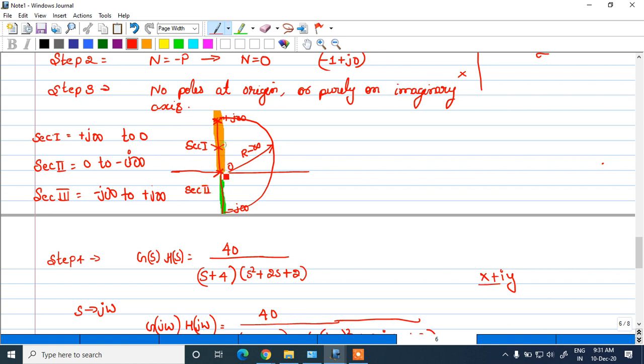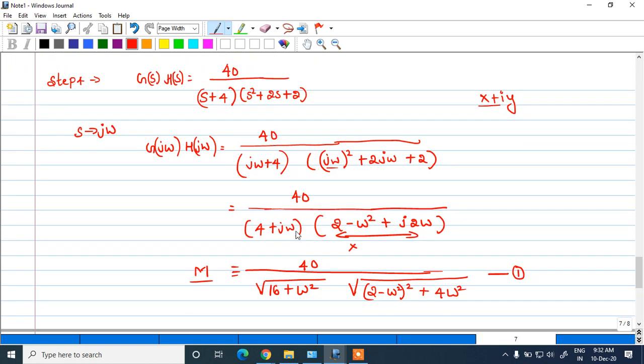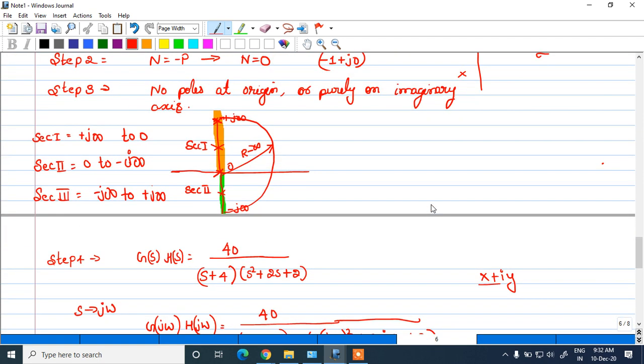So these two are mirror image, need not to find. And section 4 always lies at origin. If you substitute plus infinity and minus infinity to this magnitude, it will give you the value of 0 itself. So need not to identify. So this is one case.